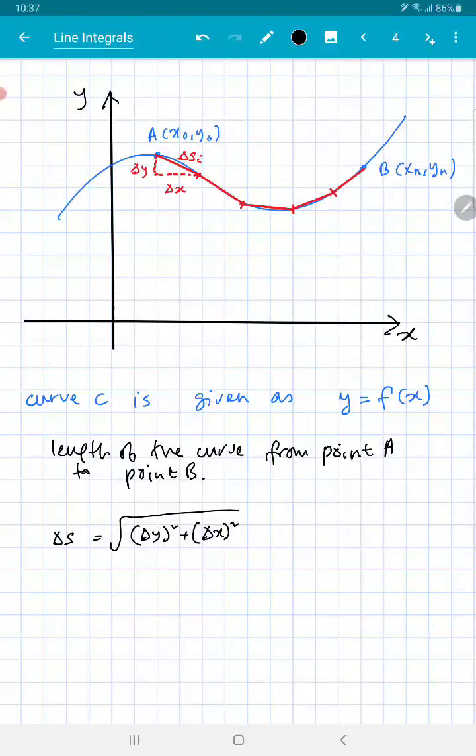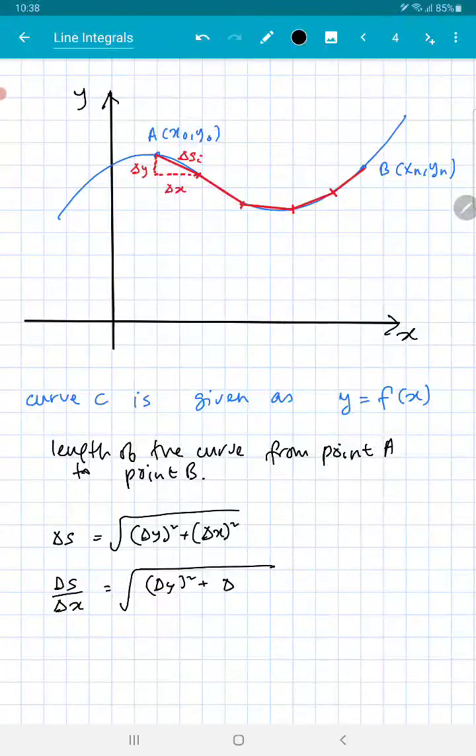Now let's do some mathematical manipulation. Let's divide delta S with delta X on the left hand side. We have to do the same thing on the right hand side. So we have delta Y squared plus delta X squared, and we divide with delta X as well, but if you put it inside the square root, then you have to divide with delta X squared.